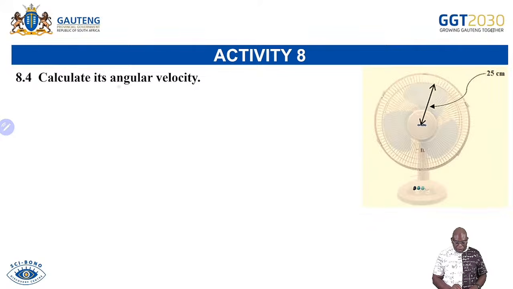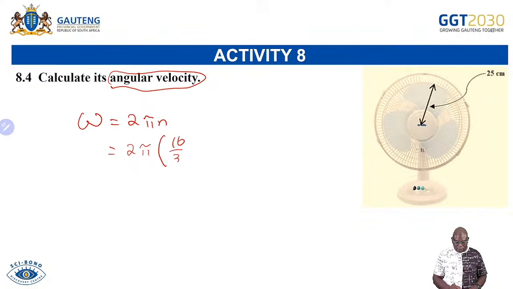The angular velocity: you go to your formula sheet, you get that word here, connected to this formula, omega equals 2 pi n. That's an easy one. 2 pi multiplied by the rotational frequency, 10 over 3, and then just use a calculator. These are 6 marks, simple, straightforward.